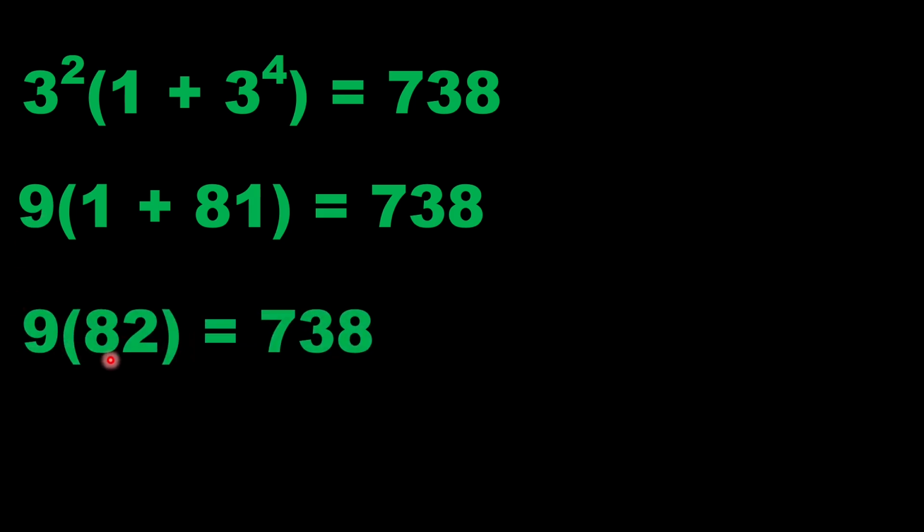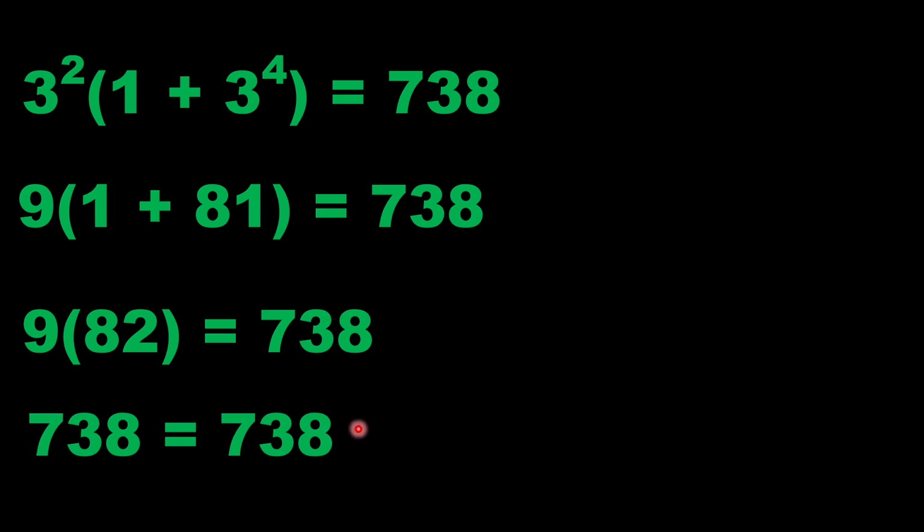When we multiply 9 with 82, 9 times 2 equals 18 and 9 times 8 equals 72, plus 1, which equals 73, so 738. So 738 equals 738. It means that our value satisfies the equation. So x equals minus 2 is the right answer of this given question.